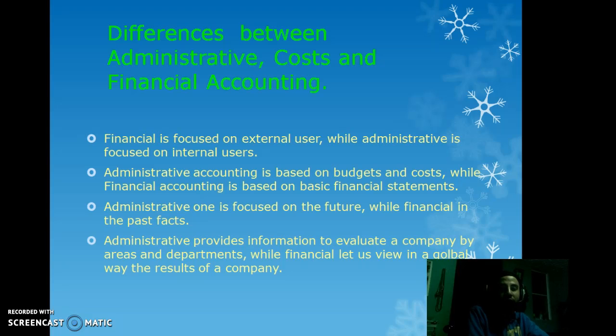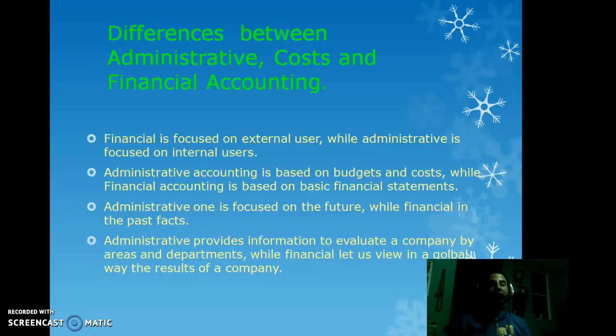Now, the difference between administrative accounting and financial accounting. Financial is focused on external users like the banks and clients, while administrative is focused on internal users like administrative employees, managers, for example.